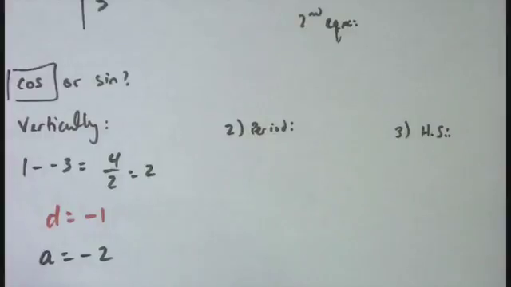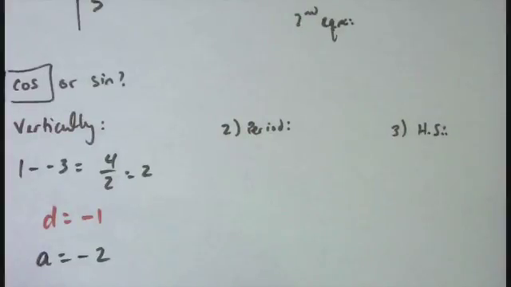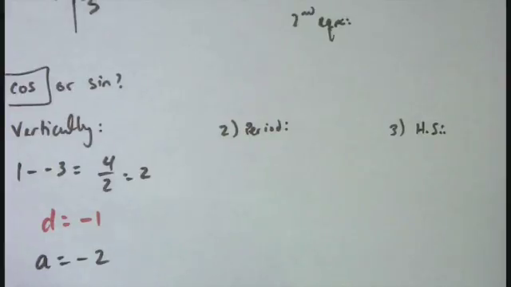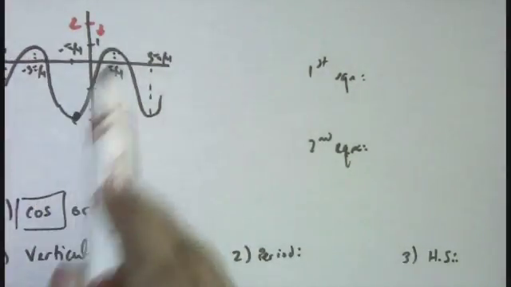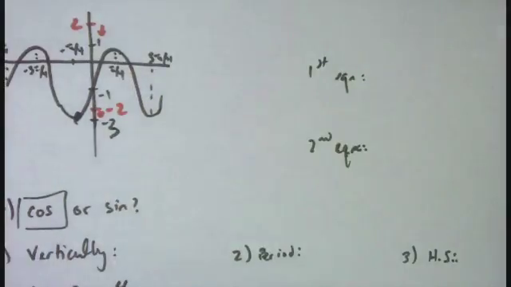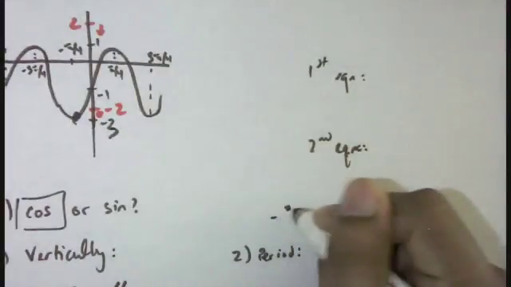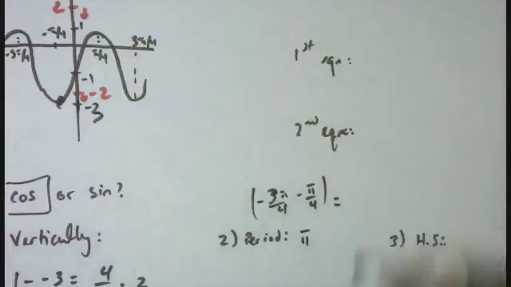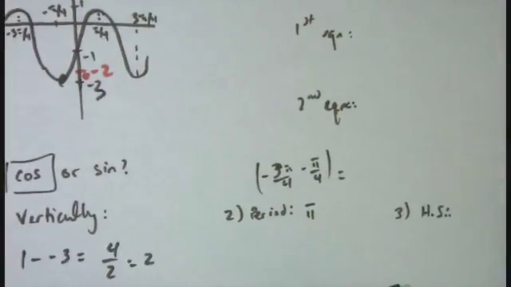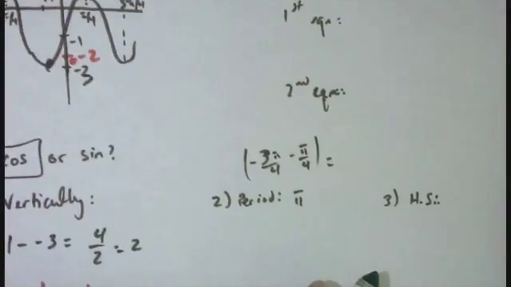I want to emphasize there are multiple answers, so please do not erase your work if your answer is different than mine. The period, I started at negative 3 pi over 4, and in one cycle I got to pi over 4. The distance is going to be equal to pi. So the total length of the cycle is pi units long.